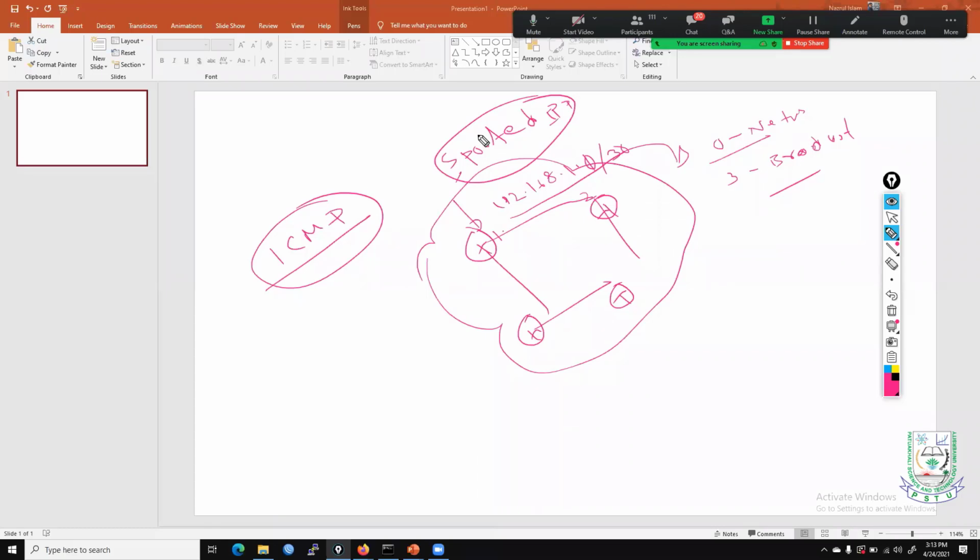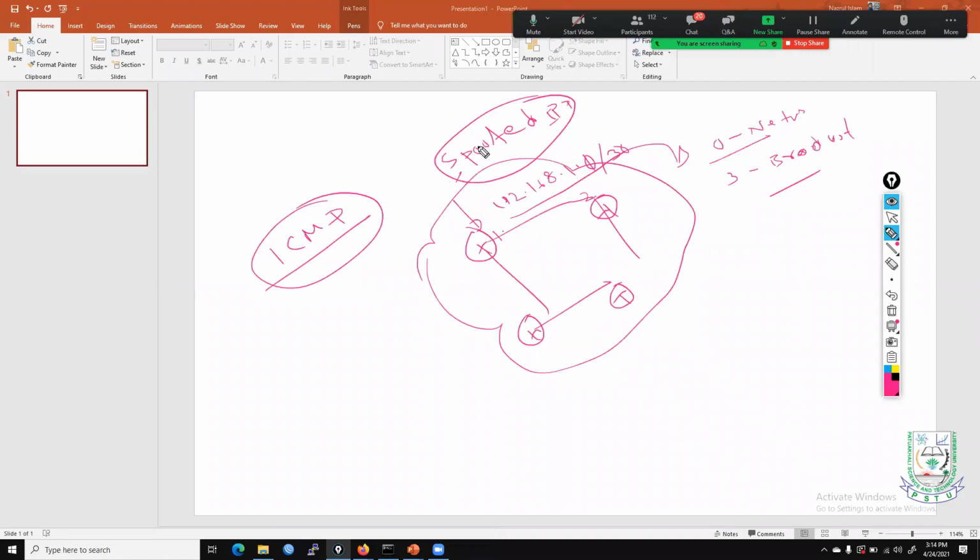IP spoofing is the creation of Internet Protocol packets with a made-up source address, in order to either hide the identity of the sender or to impersonate another computer system.